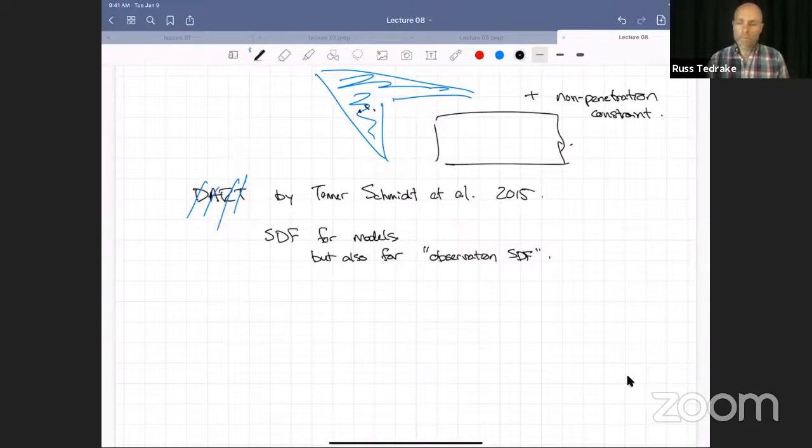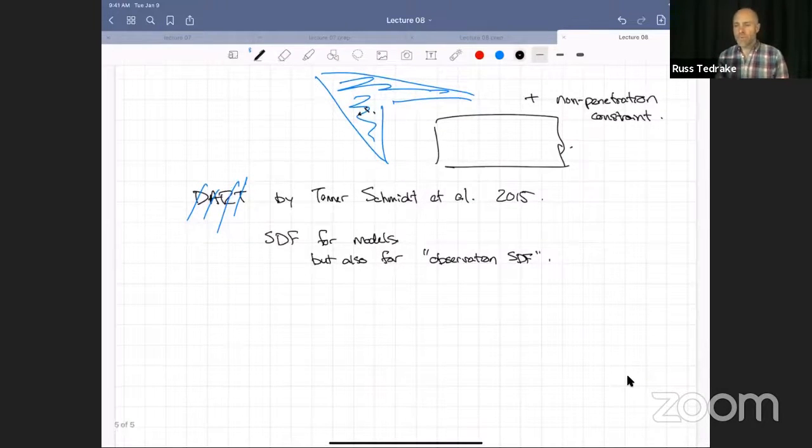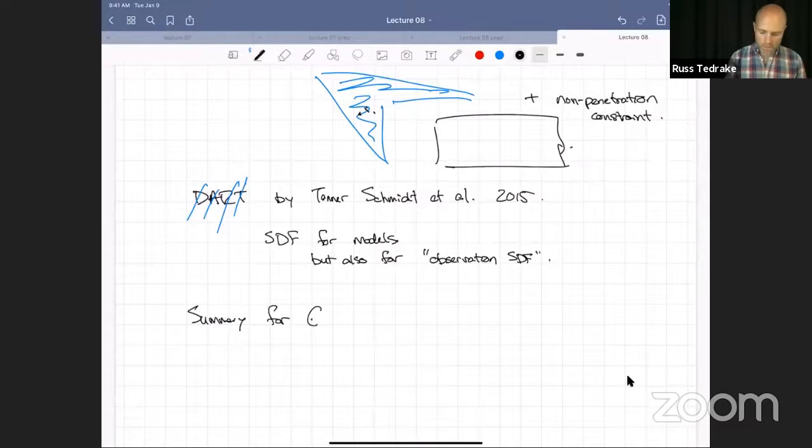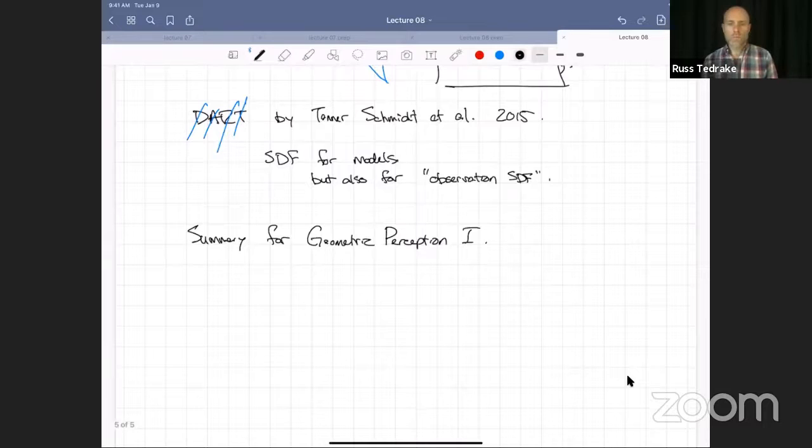Okay, so that was our tour of geometry for finding objects in the scene. I hope it gave you a sense. So I think maybe the summary for geometric perception, part 1: I want you to remember, when you hear point cloud registration, I want you to think of it as inverse kinematics.